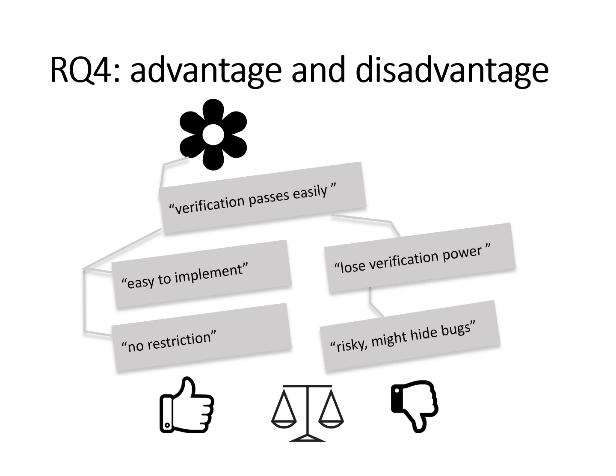On the other hand, developers also are concerned that the loss of verification power is risky, as it might hide bugs. So it seems that there's a trade-off between modeling effort and the risk of introducing bugs.